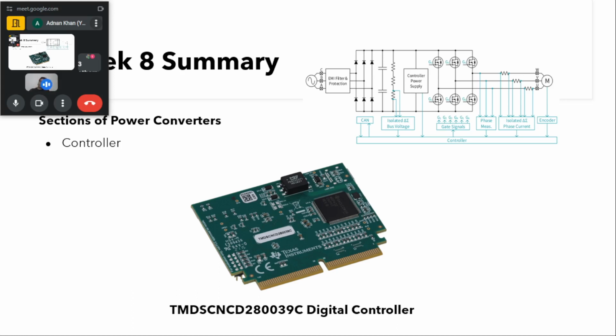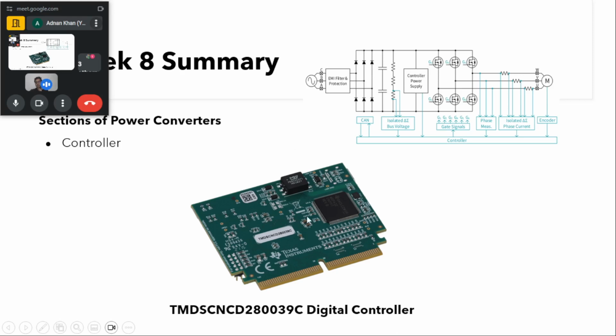And the other controller can be the digital controller, here it is shown, which is used in this three-phase motor drive power converter that's being made by Wolfspeed, and the part number of it is given.